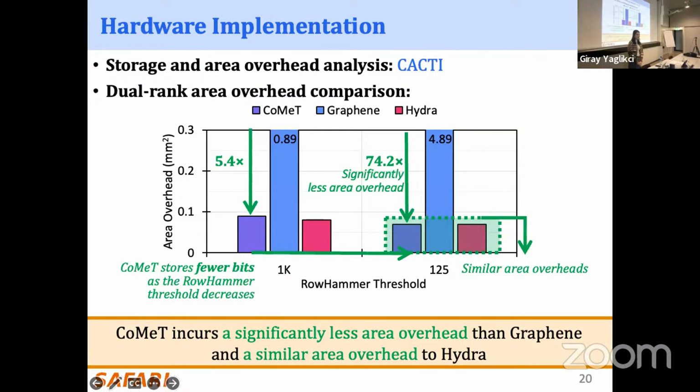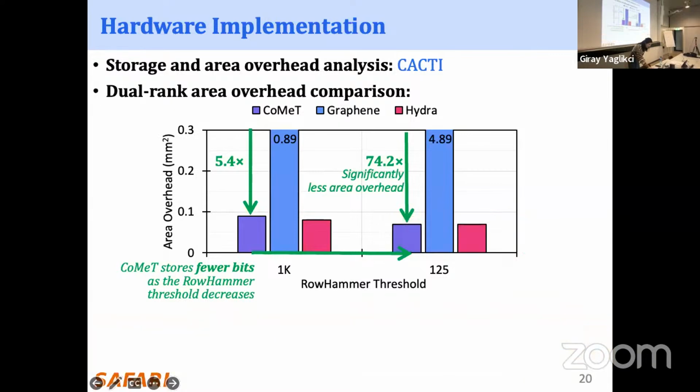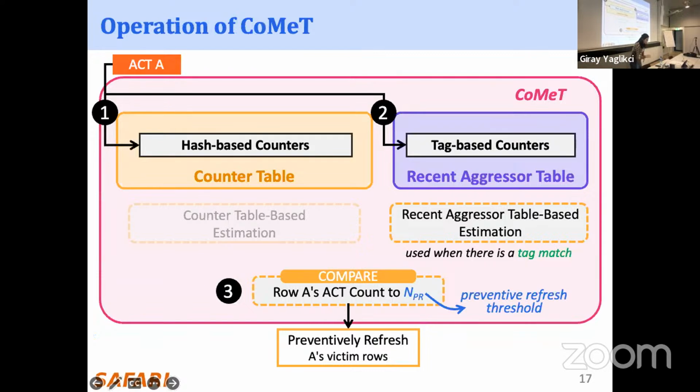Yes, not necessarily with Comet, but with hash-based counters, you need a reversible hash function. So we don't need a reversible hash function because, let me go back to the mechanism slide so that I can point to things. Let's say that we have an activation to row A and we check the hash-based counters. We basically get an estimation out of a group of counters that are accessed with hashes.